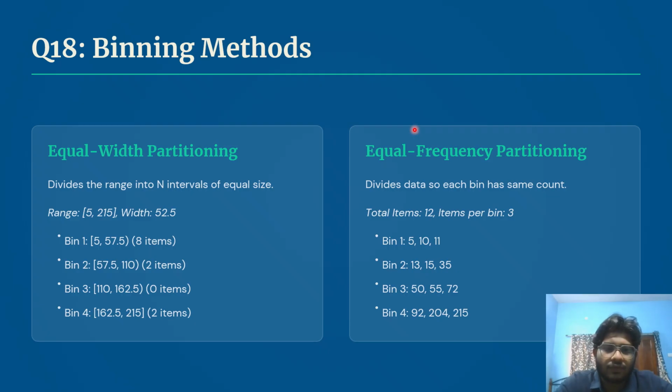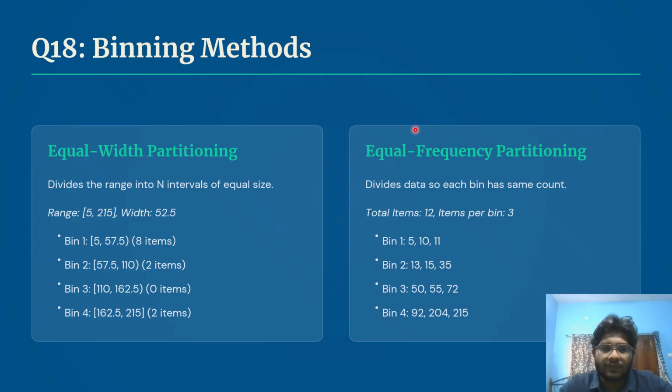Instead of using raw values, we analyze the grouped data. This binning technique is used in data preprocessing, outlier handling, noise reduction, and feature discretization. There are two types of binning, that is equal width partitioning and equal frequency partitioning.